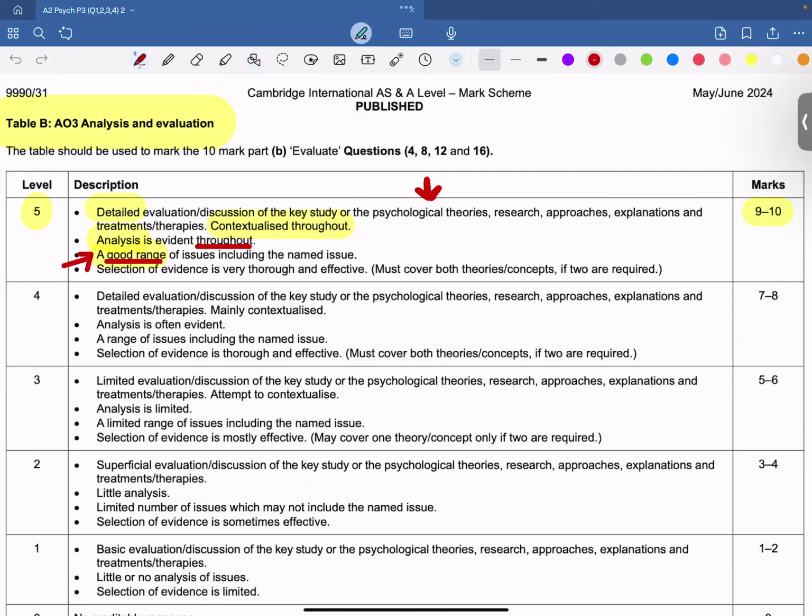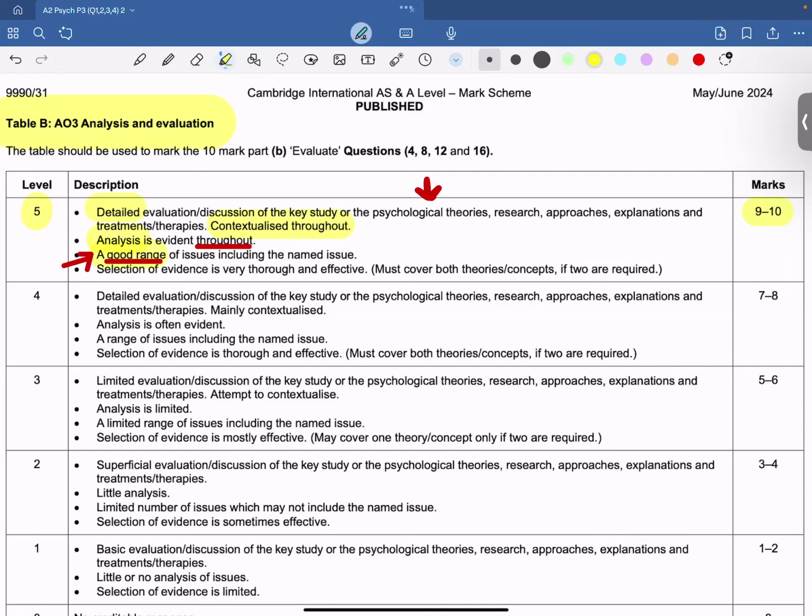So 3, including the named issue. And the fourth point, selection of evidence is very thorough and effective. You very selectively and very thoroughly, in a very effective manner, choose what needs to be used to be put in this answer for evaluation. Must cover both the theories, concepts, if 2 of them are required over here.